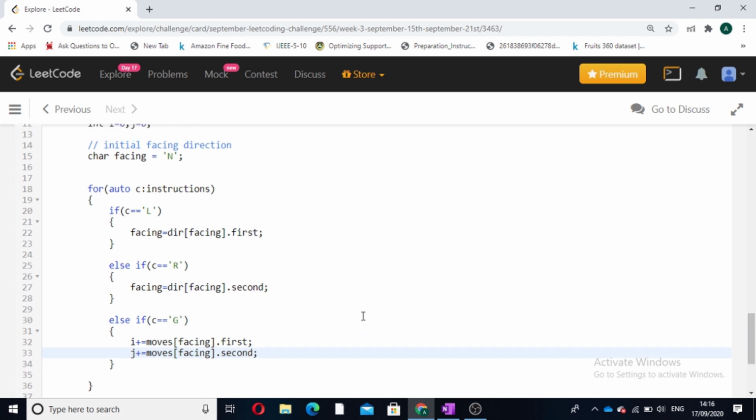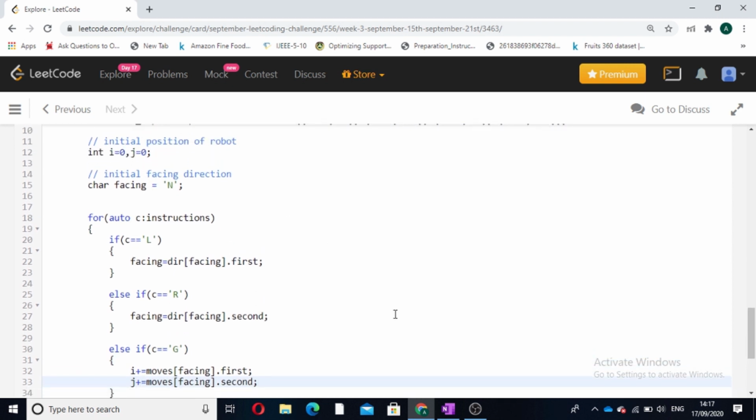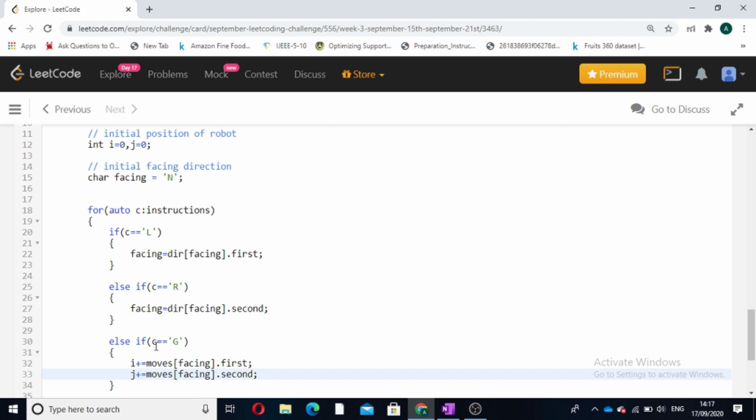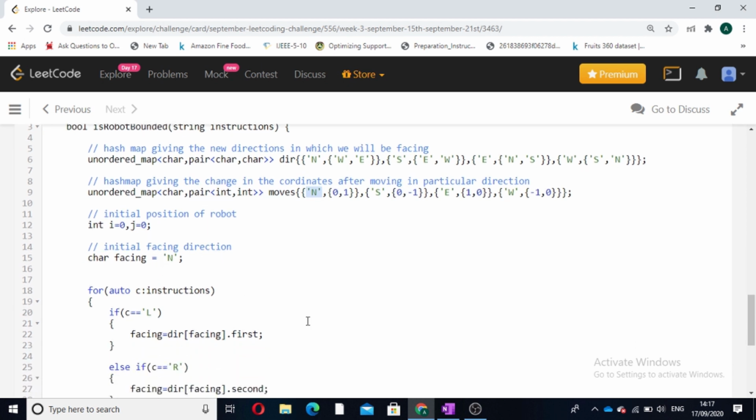Let's see it. Now suppose we are facing north and our initial position is i equal to 0 and j equal to 0, that is at the origin. So when we have encountered G, we have to move one unit in the upward direction, in the northward direction. So how will we find the change in the coordinate? We have made a hash map, that is moves, whose key is the direction in which we are currently facing. We are facing north.